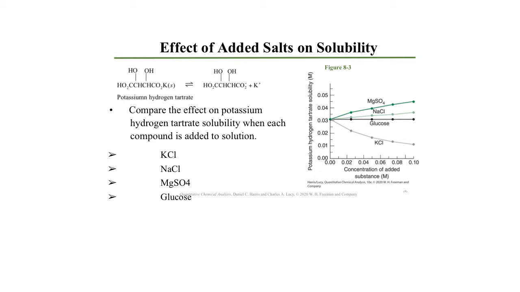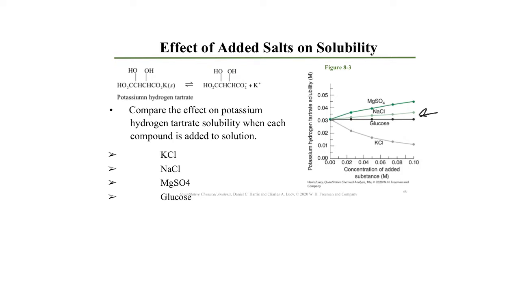But the effect on the potassium hydrogen tartrate can be seen as the concentration increases of these different solutions. When there are no ions present, that's glucose.